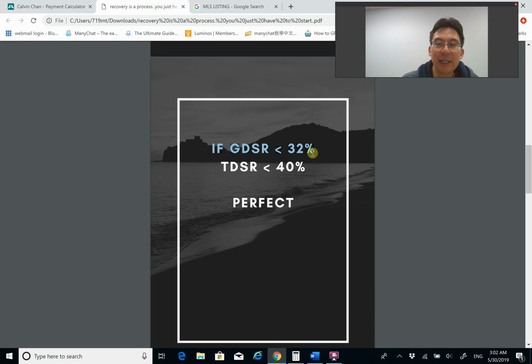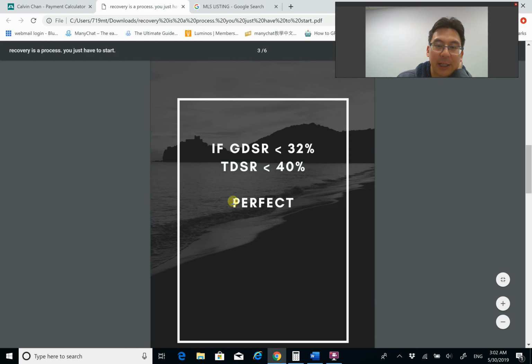If GDSR is less than 32% and TDSR is less than 40%, perfect. You almost pre-approve yourself, because this is what the bank does too. They look at this and they give you a pre-approval without checking your credit, right? So that's why this is perfect.